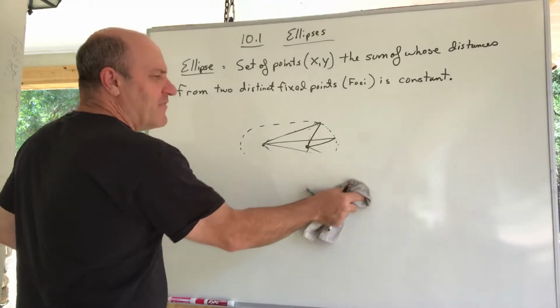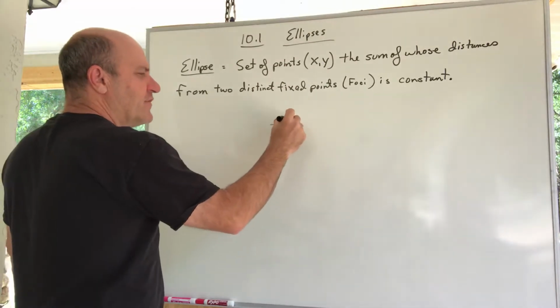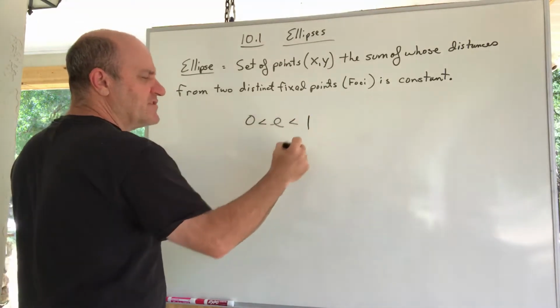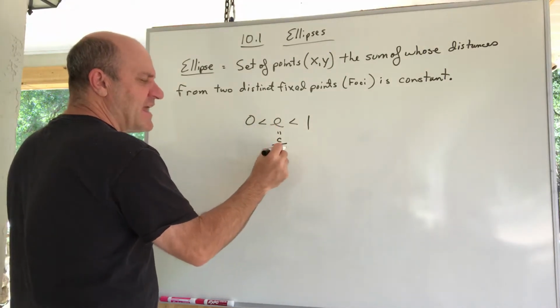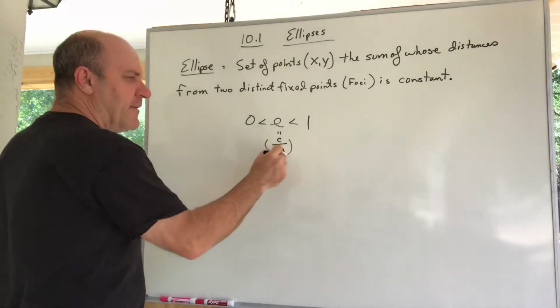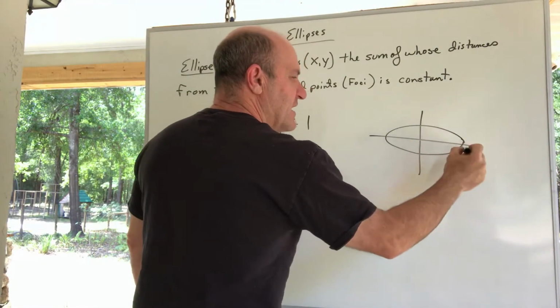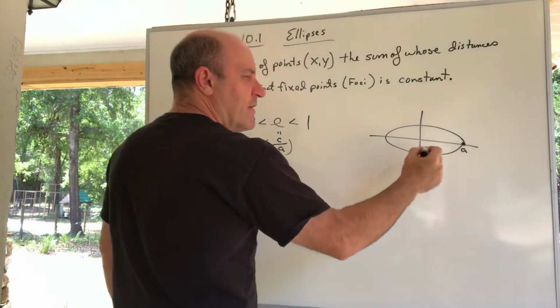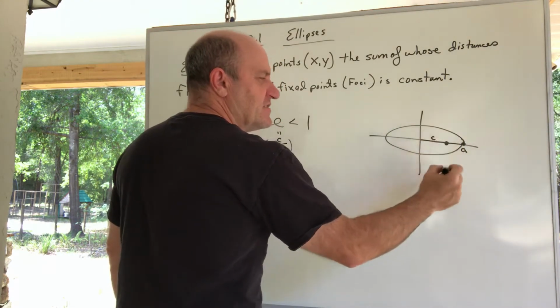Remember we talked about the eccentricity of an ellipse, and the eccentricity is always a number between 0 and 1. By the way, it's the ratio of c to a. One more time: a is half the major axis, and c is the distance to the foci.